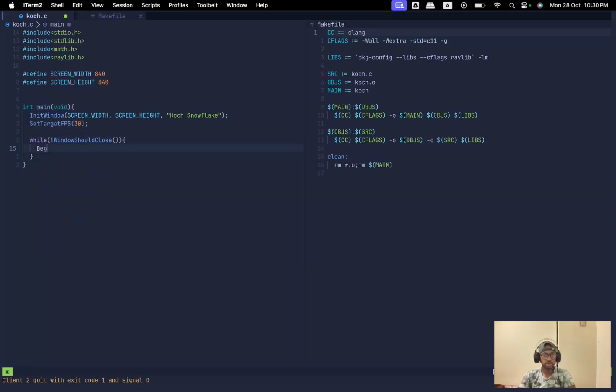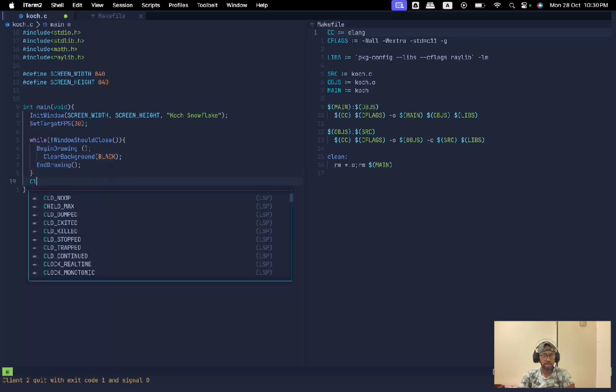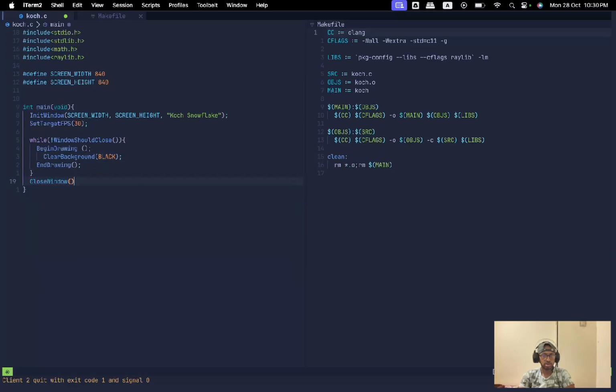Let's begin drawing, and clear the background. Let's make the background black. And finally, let's close window.